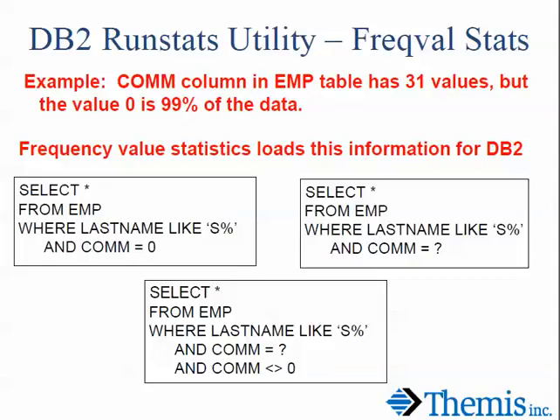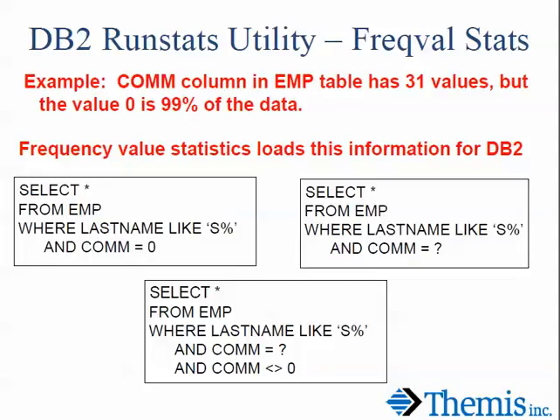Well, if DB2 does not know anything specific to that value 0 versus other values, then it's going to assume a certain amount of rows that's not real. It's not going to match reality on what we code. So we get with a DBA and have them run a special statistic called frequency value.